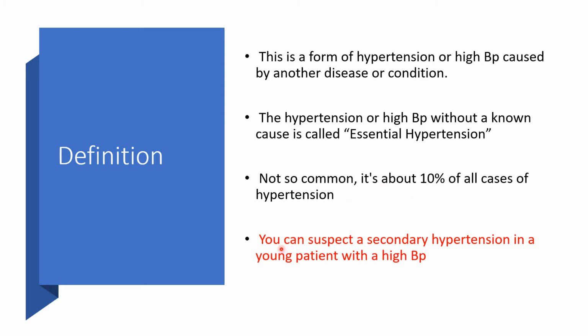Essential hypertension is about 10% of all cases, so you can suspect secondary hypertension in a young patient with high blood pressure. Secondary hypertension is not so common. In fact, some literature will put it at about 5% of all cases of hypertension, some will put it at 10%.